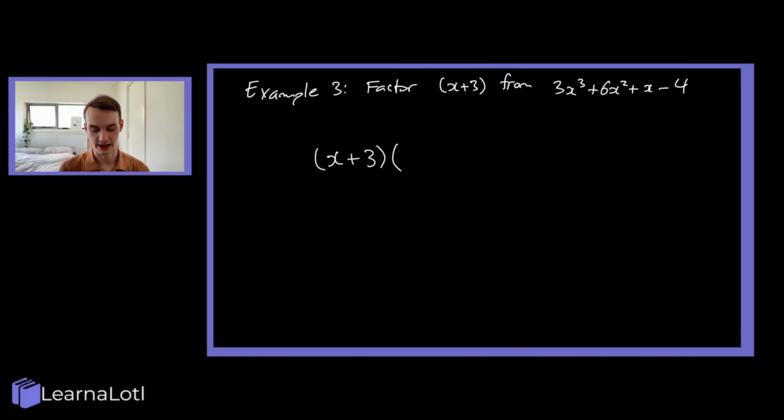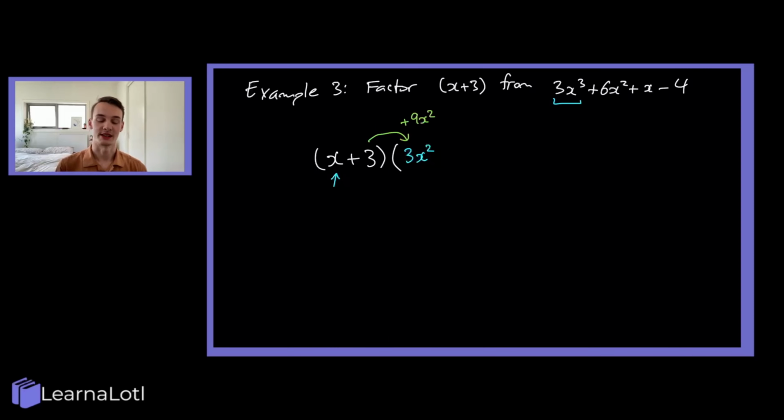and I'll start playing my game. This time I want 3x cubed. The only way I could get 3x cubed is x times 3x squared. That's the only way I can get that term. But in introducing this 3x squared, I've also introduced plus 9x squared.